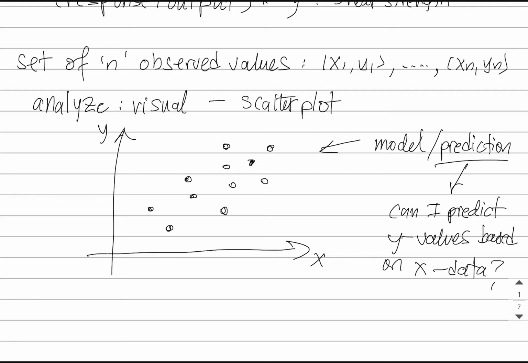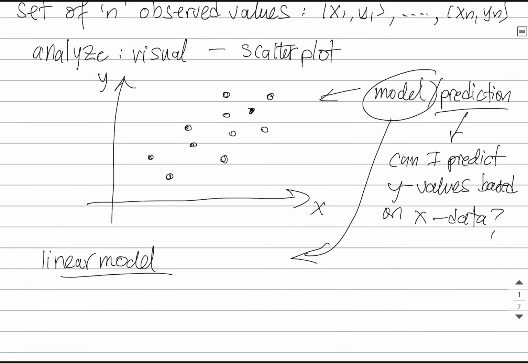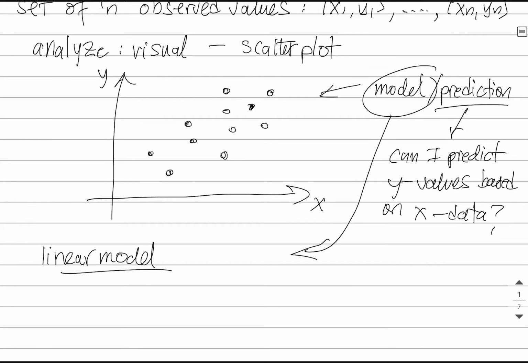Now, to make predictions, I then need a model. The simplest model that we can come up with here is a linear model. And what we're going to be interested in is whether or not the x values are linearly related to the y values. Are they linearly related?